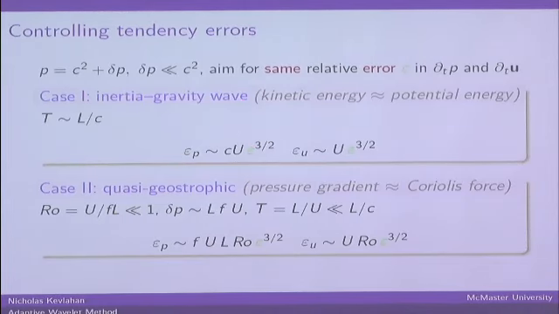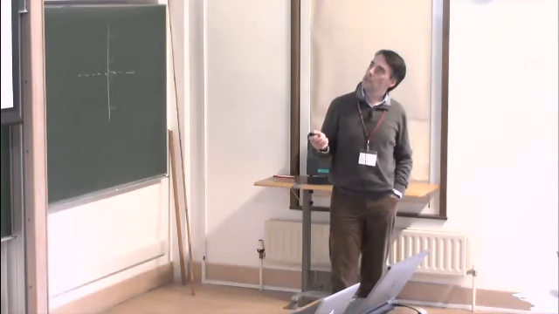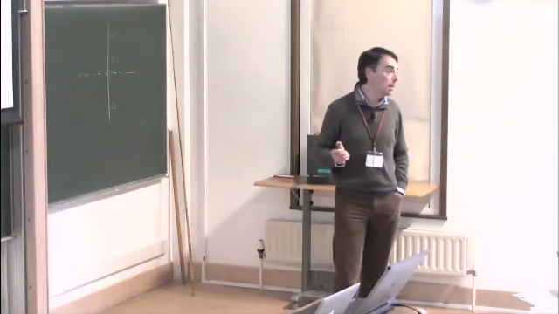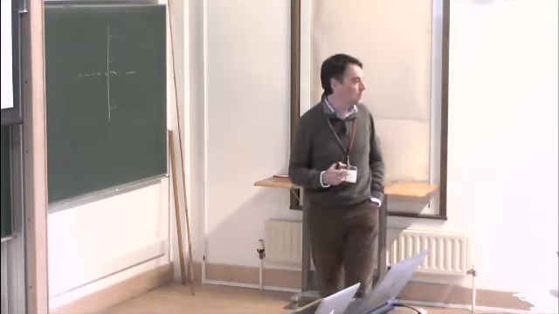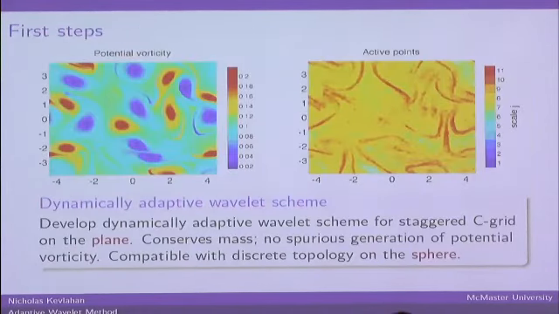So this ensures that we have a relative error of epsilon in the tendencies, and to do this, we need these two scalings. The dependence on the tendency error is the same in both regimes, but we've got some extra parameters to ensure that both tendency errors have the same relative error. That's important because remember, we're filtering the pressure and the velocity independently.